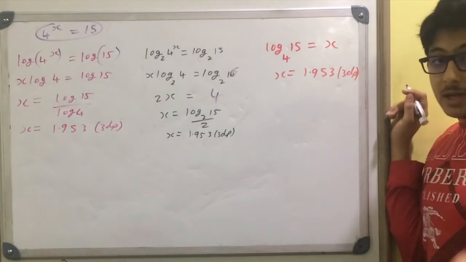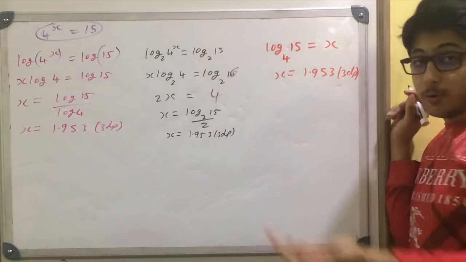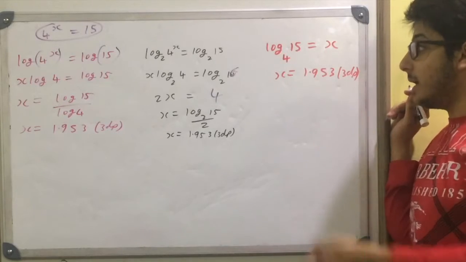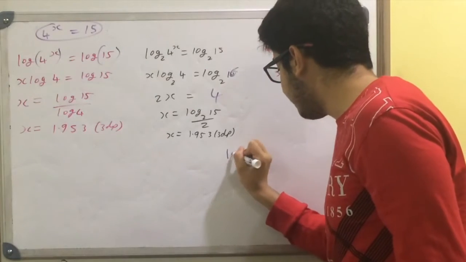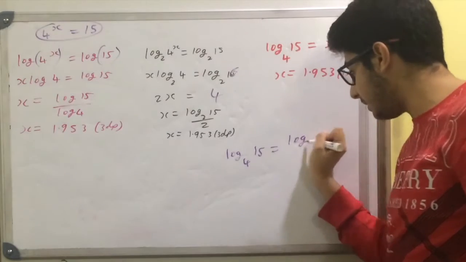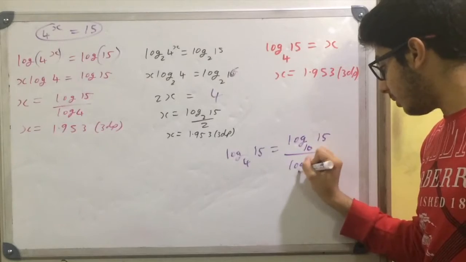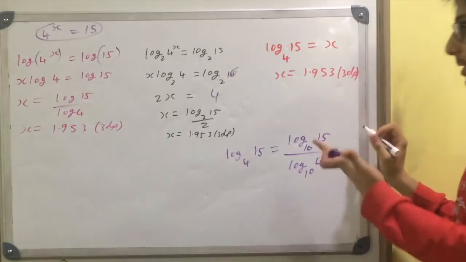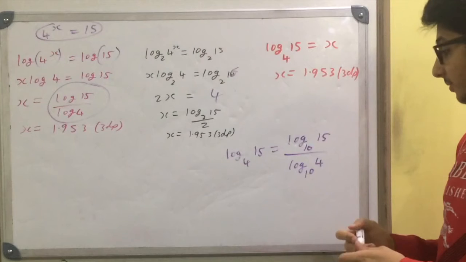But again, if you don't have a calculator that can use different bases, like base 4, and only uses base 10, you're going to have to change the base. So logarithm base 4 of 15, you have to change it to logarithm base 10 of 15 over logarithm base 10 of 4. But then you just end up with this from the previous way to solve it.